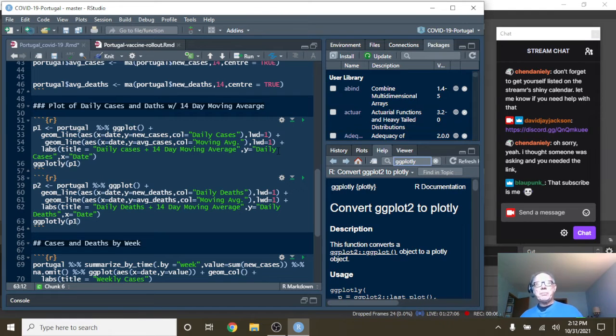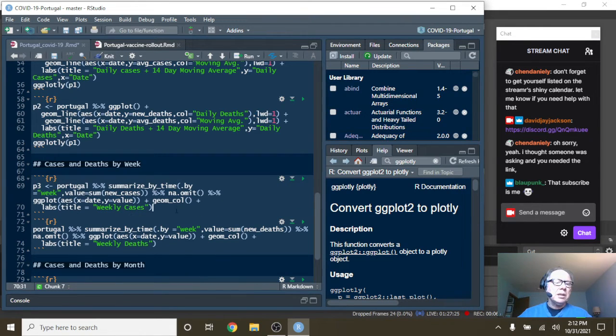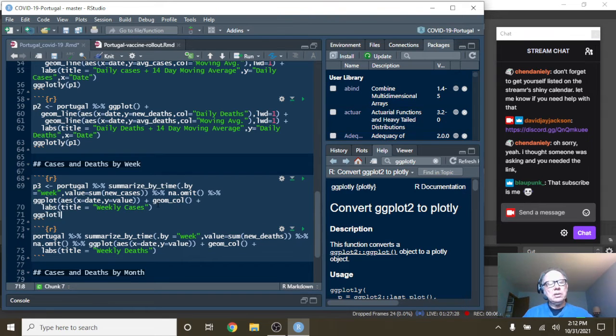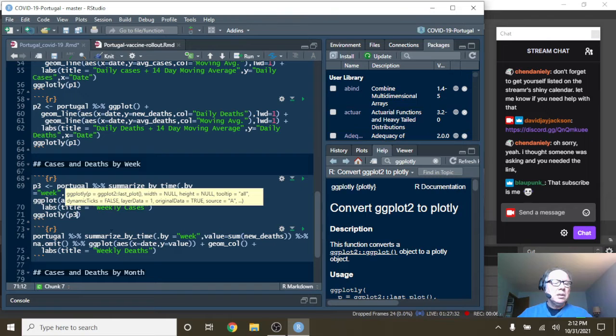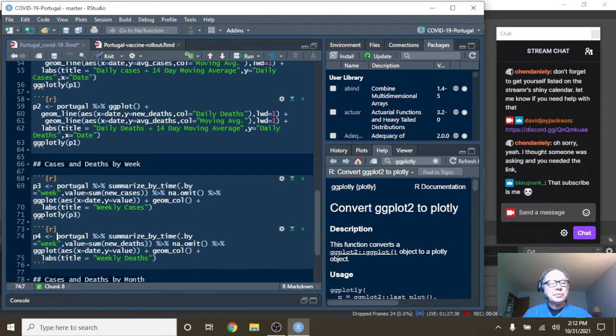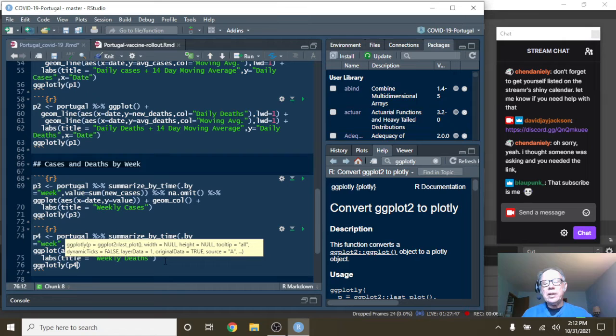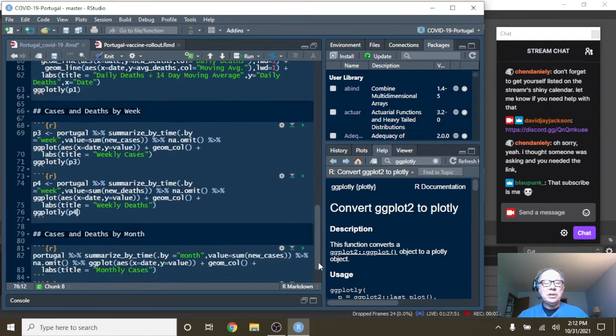It's basically a wrapper, and it allows you to very quickly and easily create interactive plots from your ggplot2 plots.